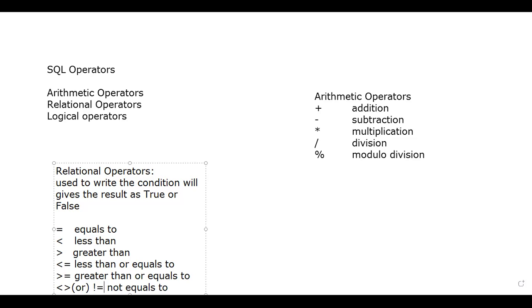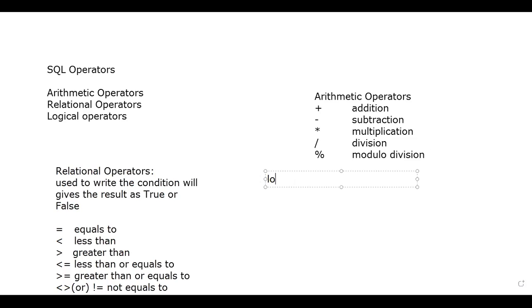And now we have the logical operators. To combine more than one condition, we use these logical operators. In the previous example we went through the AND operator, the logical AND.